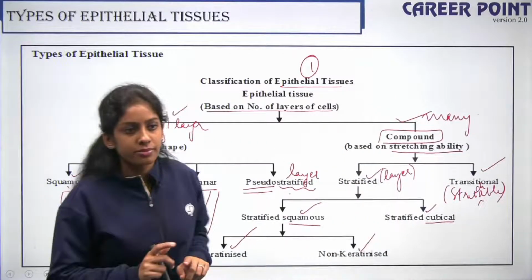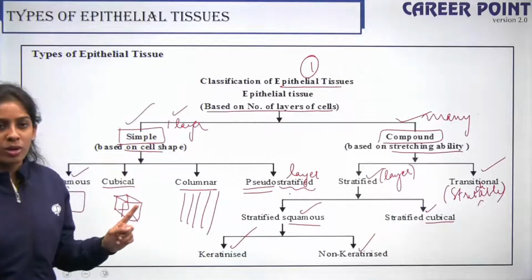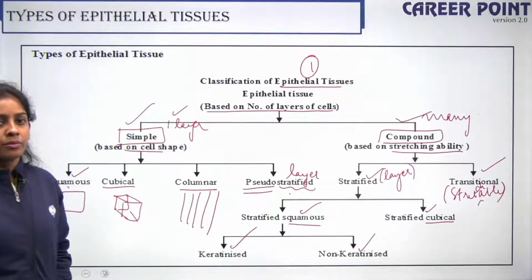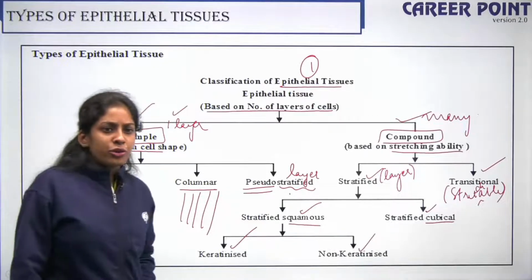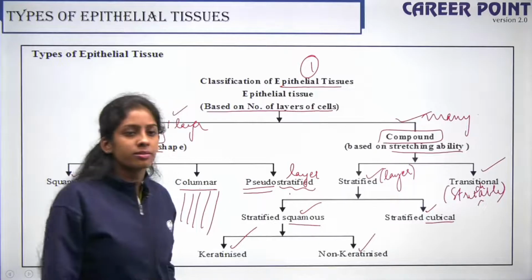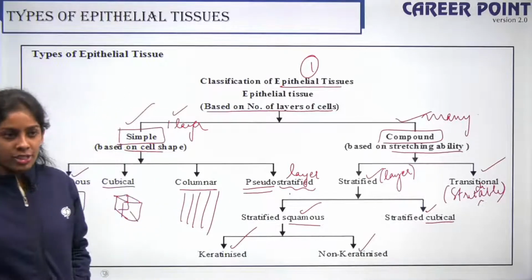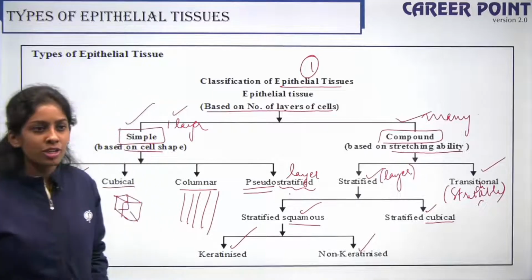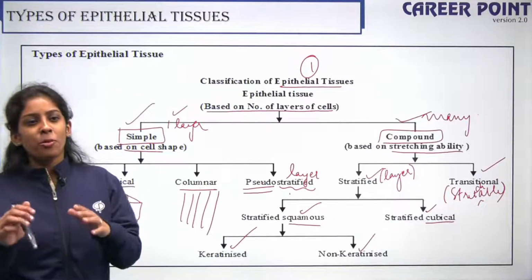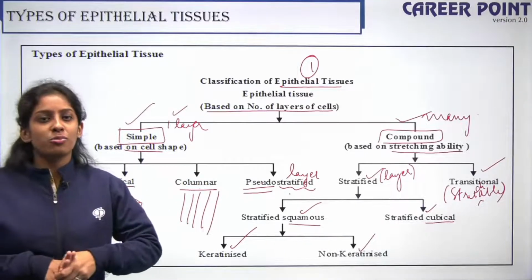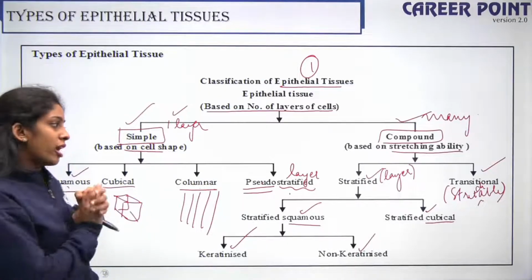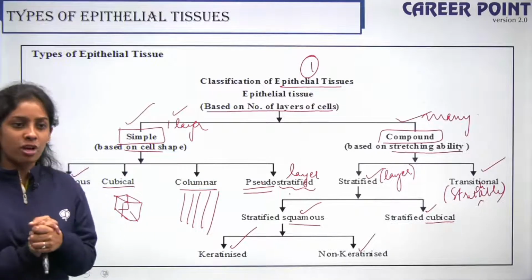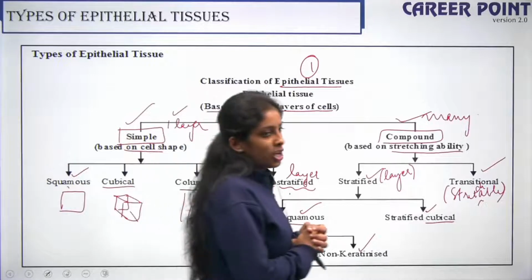Any doubt? Shall I explain once again? Photosynthesis in plants? You want me to teach that chapter? After this chapter, shall I move into human physiology? Because we have been talking about plants again and again. We are done with morphology and anatomy. So I thought after this chapter, I'll start with human physiology. That is an interesting chapter, right?